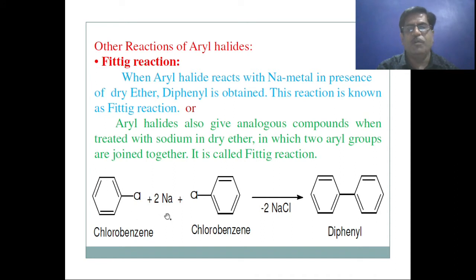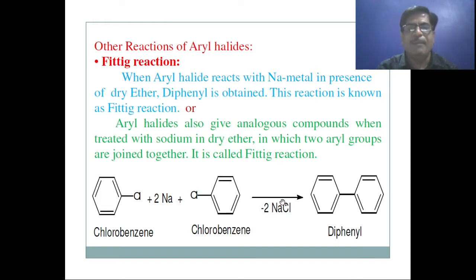Two moles of chlorobenzene react in the presence of sodium metal. The sodium reacts with the Cl to form sodium chloride, with removal of the halogen, and both phenyl rings are attached through this carbon and this carbon to form biphenyl, a diphenyl derivative compound.